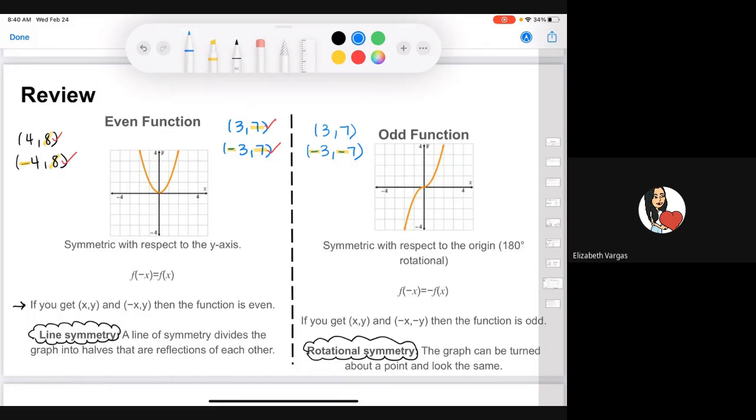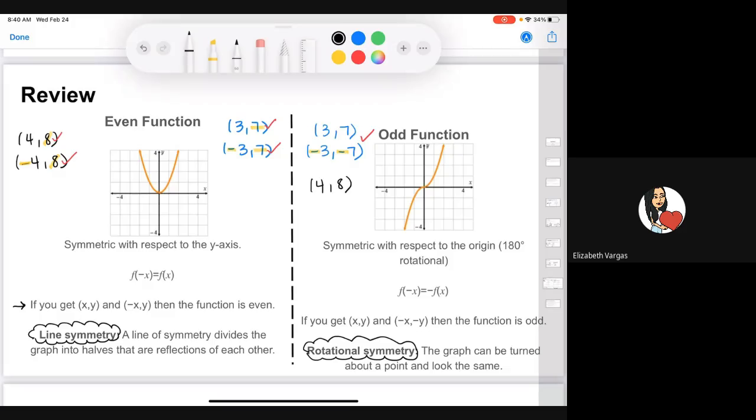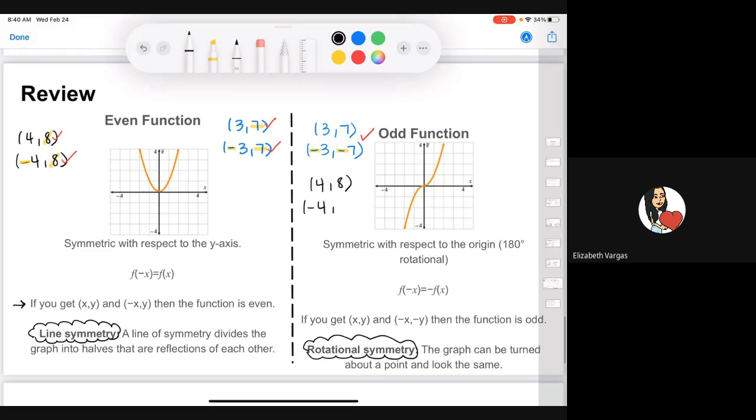So in this instance, this would be an odd function. Same thing goes if I start with 4 and 8. If I needed to create a coordinate which was odd, I would just have to negate both of my original x and y, and so I get -4, -8, and so therefore that would be odd.